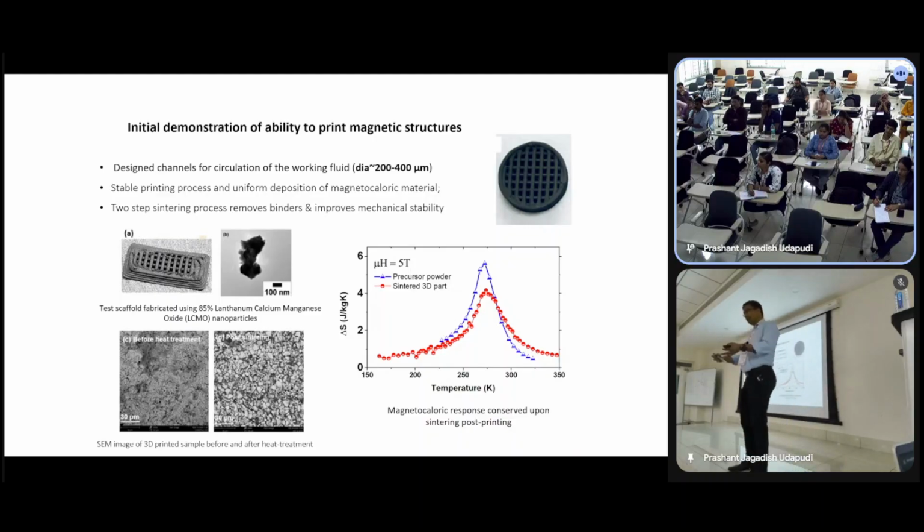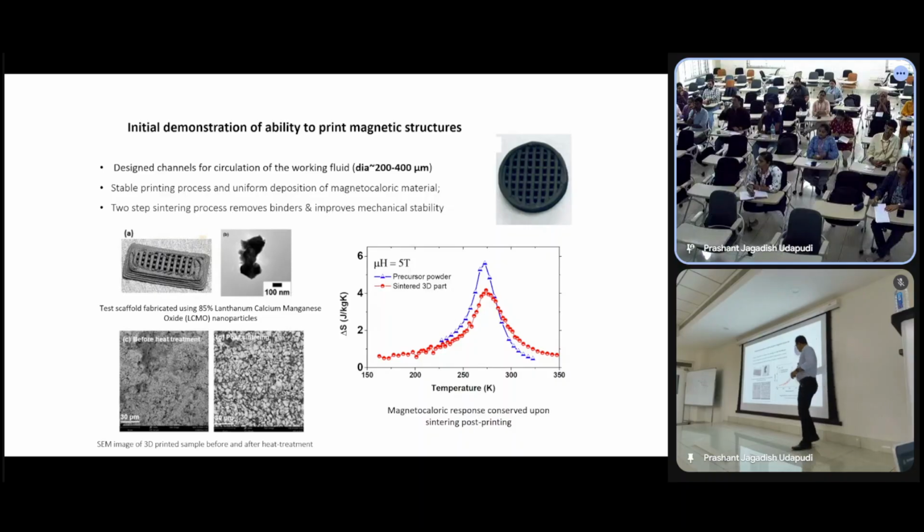Now we take the green body and we have to sinter it so that we remove all the binder in this. The glue that we put, which is binder, we heat it up and burn it off. And we do it at a temperature where particles also fuse together. That's called sintering.